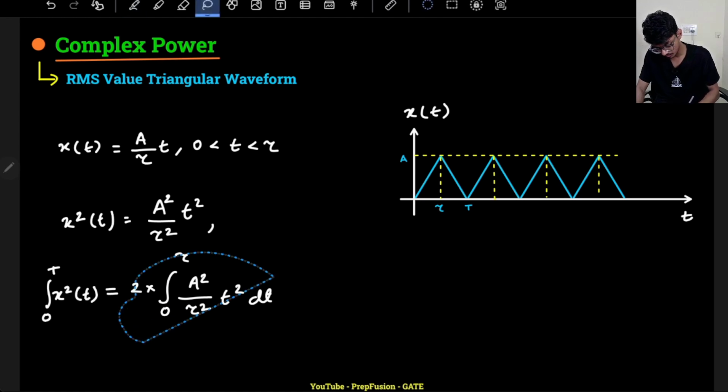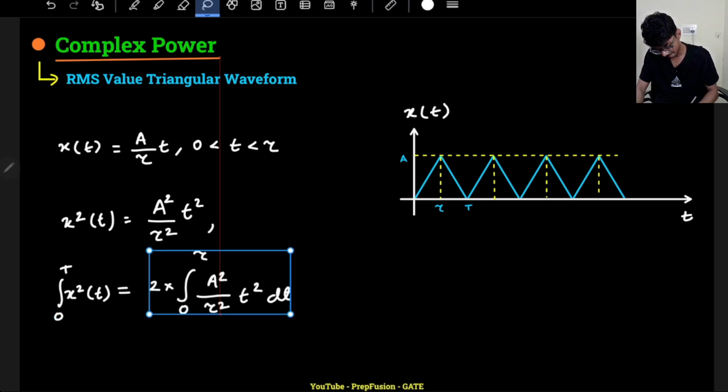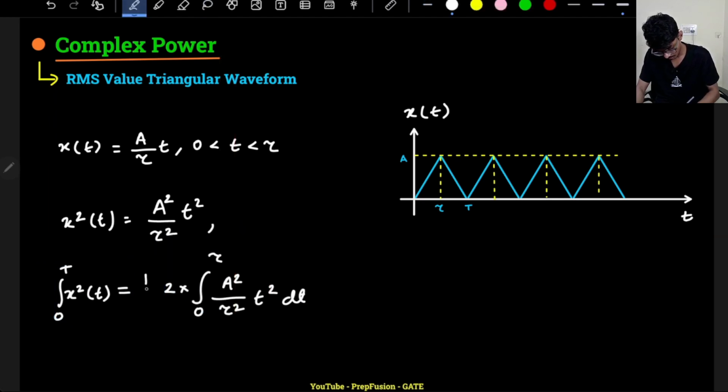Then I will divide by T. So this will be equals to 2 by T times A square by tau square.